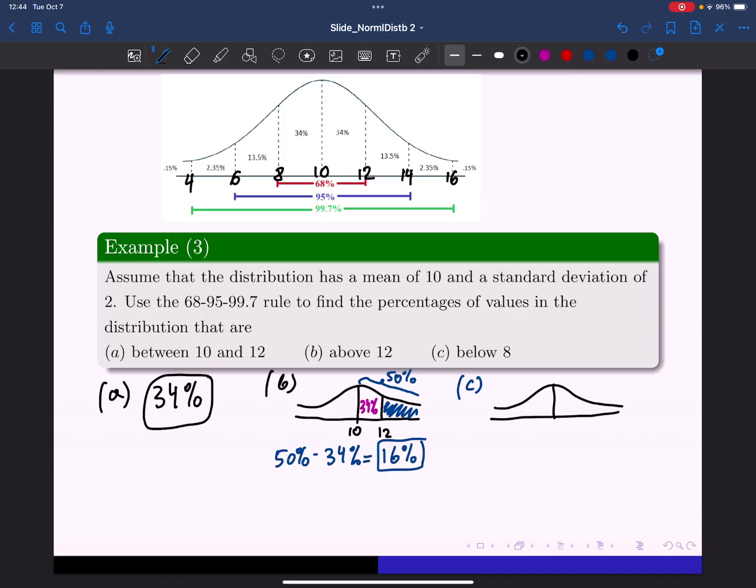Half is 10, one standard deviation is 8, so we're looking for this area below 8. Below 8 is exactly the same as this area because they are symmetrical, on the other side right here. So this is also 16%. It's exactly the same as part B, except on the other side of the curve.